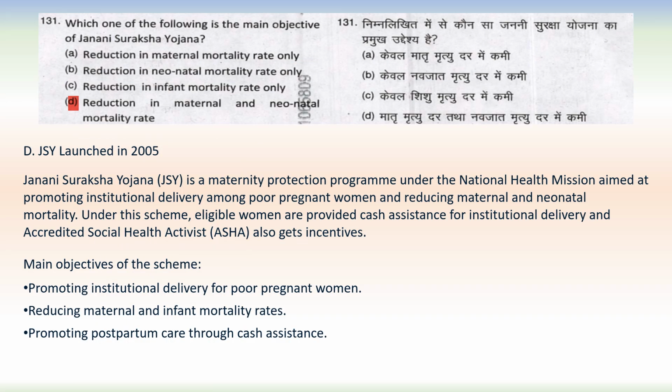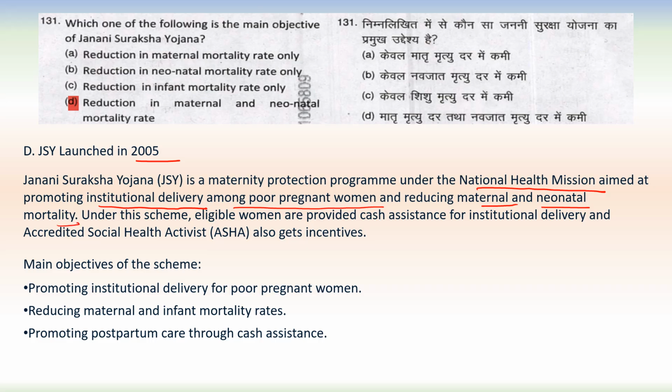Next one, which one of the following is the main objective of Janani Suraksha Yojana? Janani Suraksha Yojana was launched in 2005. It is a maternity protection program under the National Health Mission aimed at promoting institutional delivery among poor pregnant women and reducing maternal and neonatal mortality.